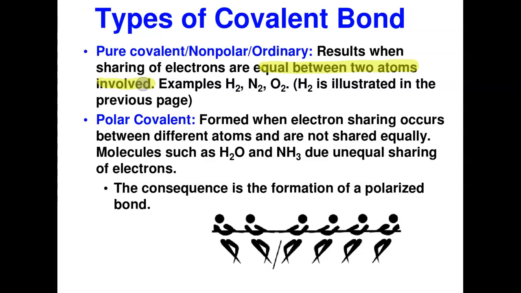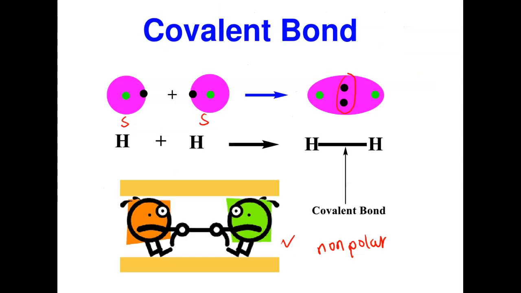This is particularly common in the formation of simple molecules, like hydrogen that involves two hydrogen atoms. It makes sense. Both are hydrogen atoms, the same weight. They come together, they form this kind of bond. Again, nitrogen, oxygen, and this was what I illustrated on this page. This kind of bond is what we call a non-polar covalent bond.